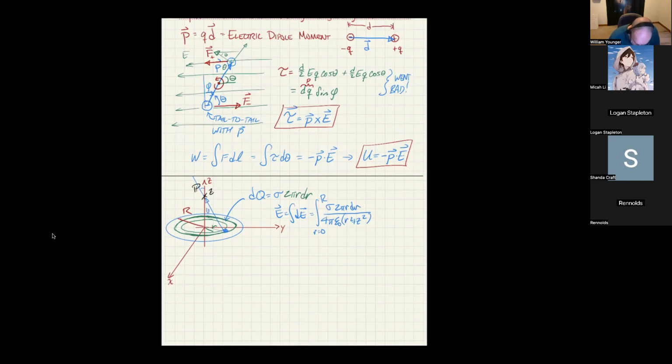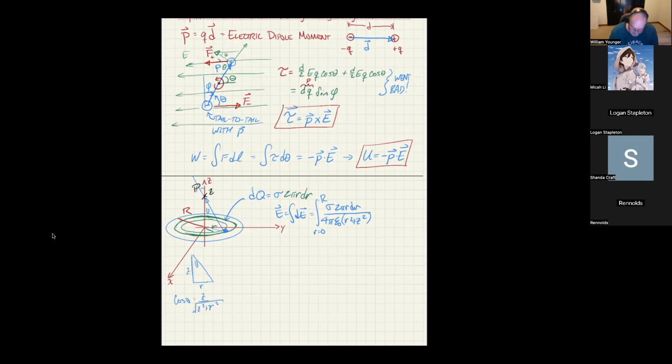Basically we're going to consistently have an angle theta here, a z there, and a lowercase r there. I want the component, so we can see that cosine theta is equal to adjacent over hypotenuse, which would be z over the square root of z squared plus r squared.